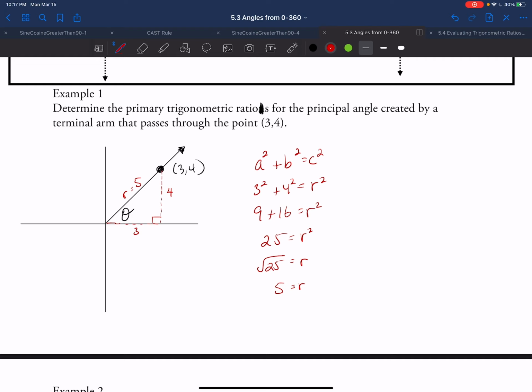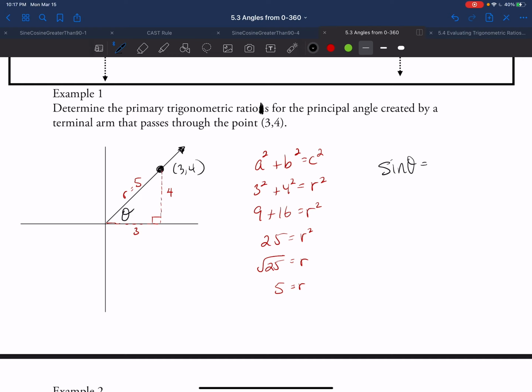So now that you know that, we know sine, cos, and tan of theta. I don't know what the angle is. We could figure that out using our calculator, but that's not what the question's asking. It's asking us for the primary trig ratios, so sine, cos, and tan.